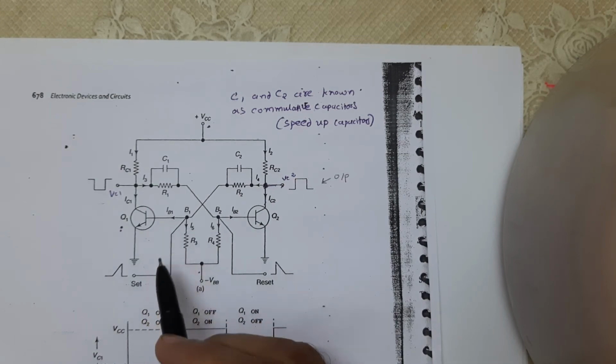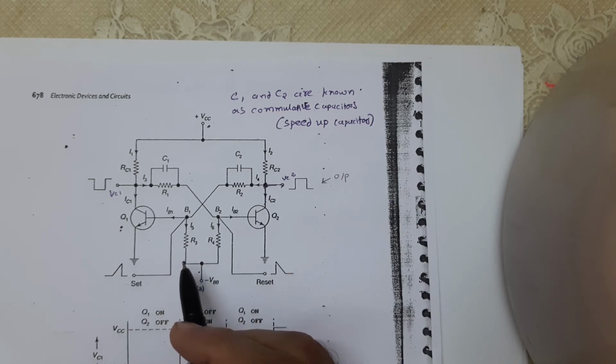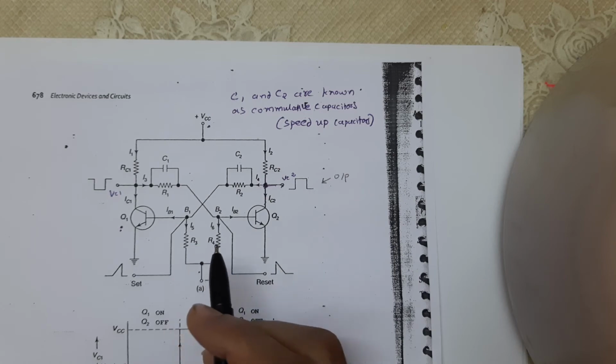A similar action can be achieved by applying a negative pulse at the set input for transition from the first stable state to the second stable state, and by applying a negative pulse at the reset input, reverse transition can be obtained.